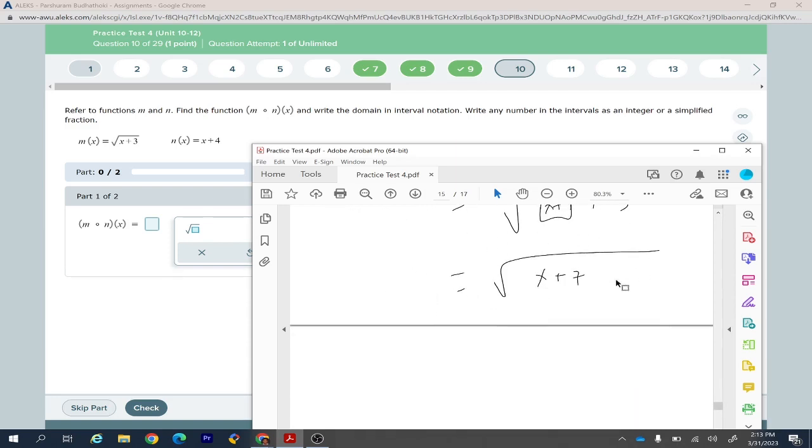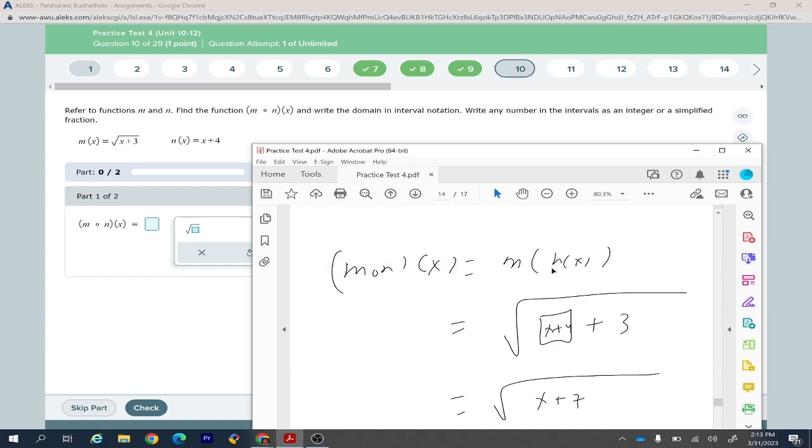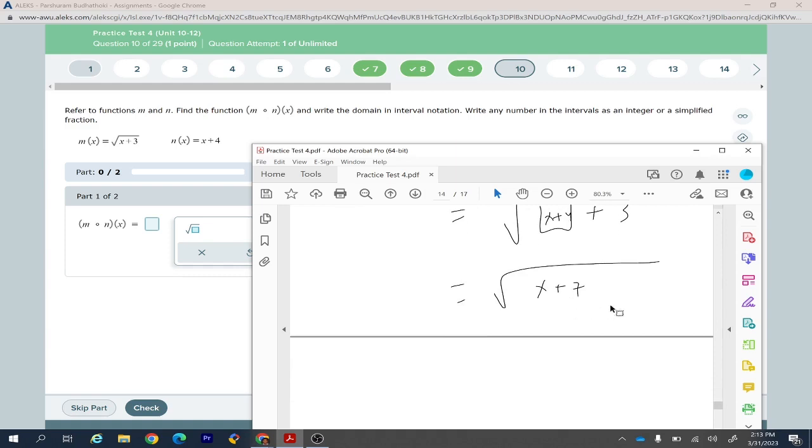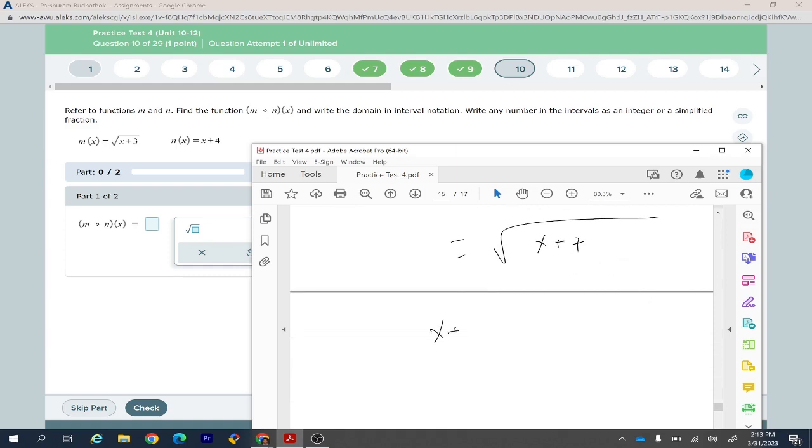But before finding the domain of this function, you need to look at the domain of inner function n of x. So what is the domain of inner function n of x? It's all real numbers. And then what is the domain of this restriction here? The domain of the restriction is x plus 7 inside this radical sign has to be greater or equal to 0. So if you solve this, it has to be greater or equal to negative 7.